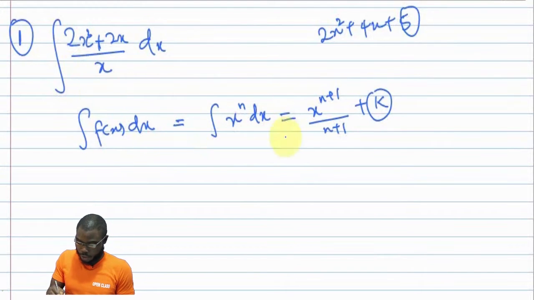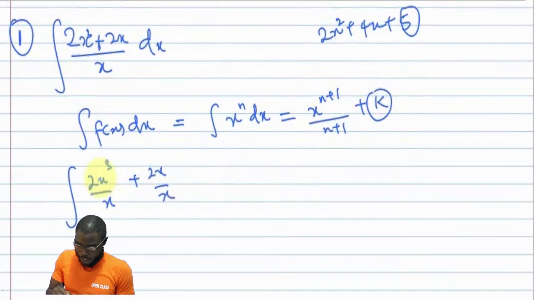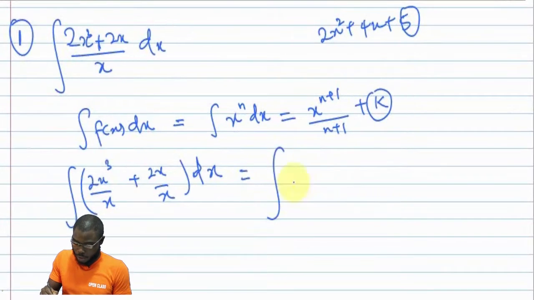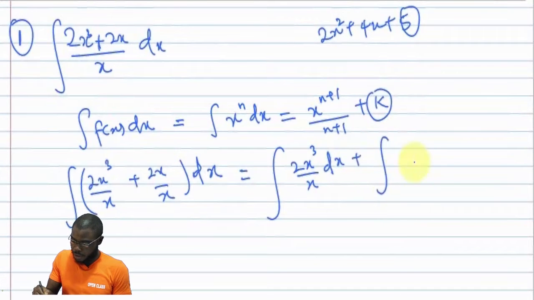So solving this equation, coming back to our initial question, I would split this into 2x cubed over x plus 2x over x, all dx, which can be written thus as the integral of 2x cubed over x dx plus the integral of 2x over x dx.